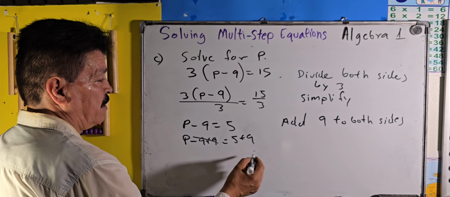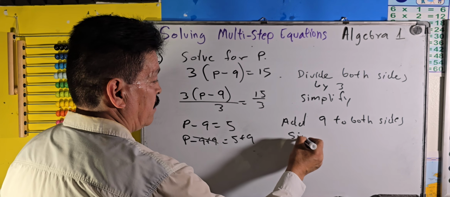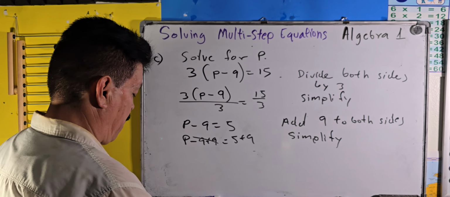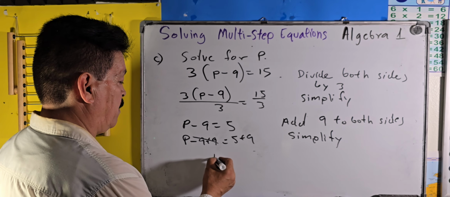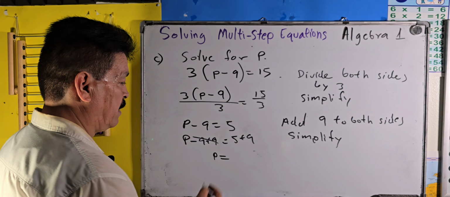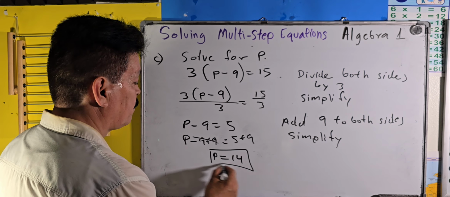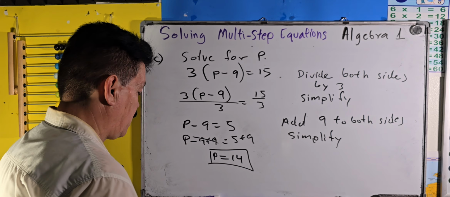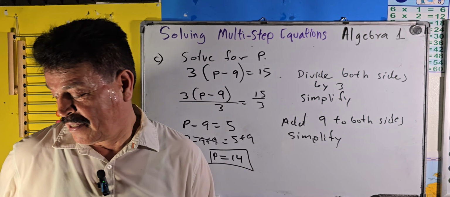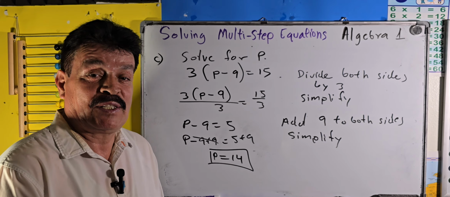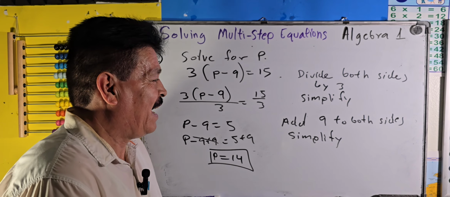Here it cancels, so simplify, and you will have p equals 5 plus 9, which is 14. That's it. Very, very easy, right? Not a hard problem. So that's solving multi-step equations, Algebra 1.